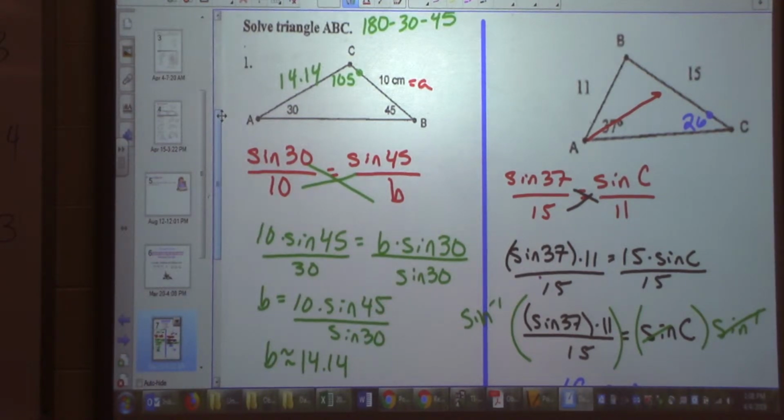This is 117. You divide it by sine on both sides, right? No, I would just divide it. The only time we use inverse is when you have an angle, and it's like sine of a variable. It'd be like 3 times x, we do division, which is the inverse of multiplication. Inverse of sine.